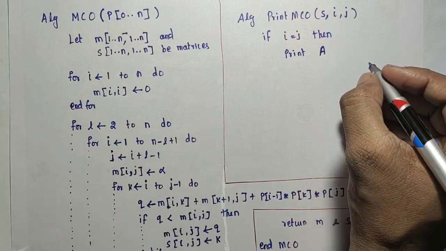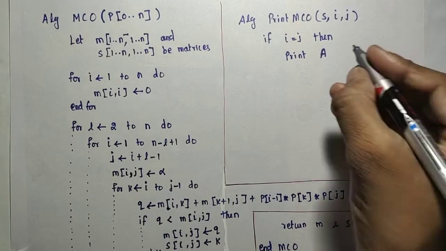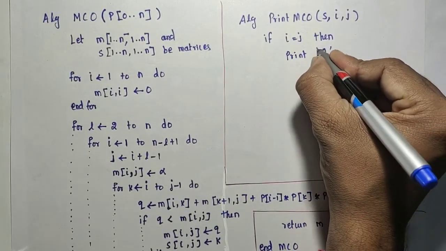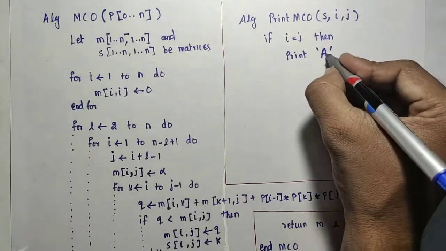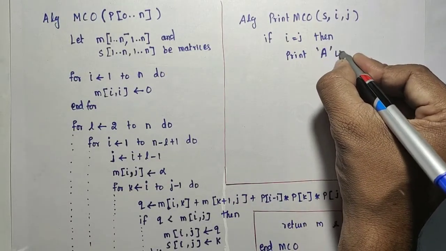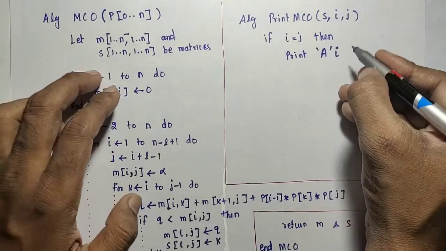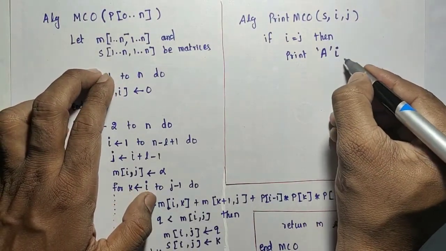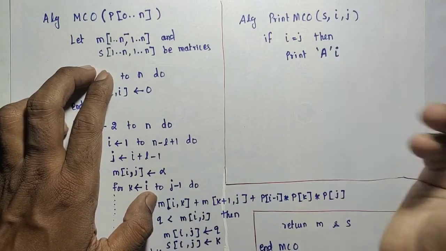We assume that the matrices are named A1, A2, A3, so print the character A and then the i value. So 1 comma 1 will print A1, and 2 comma 2 will print A2 alone.